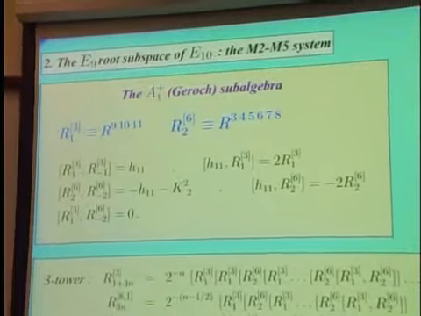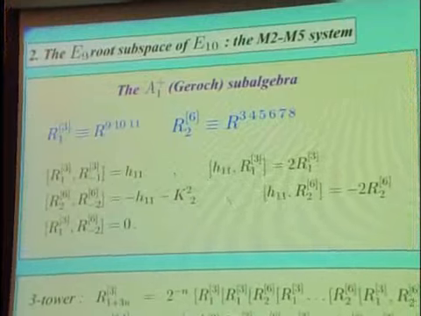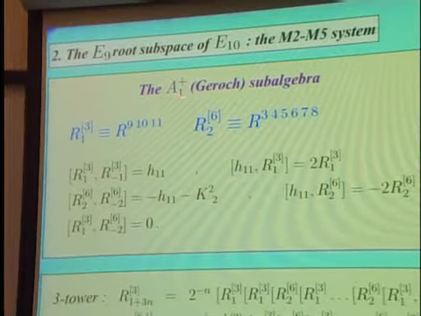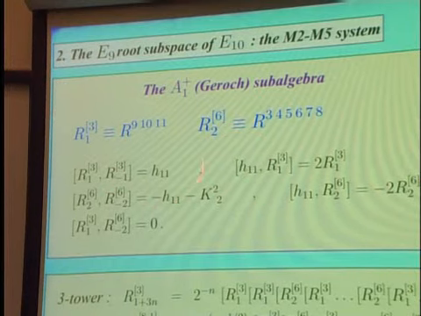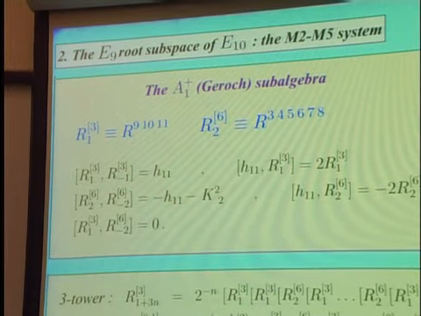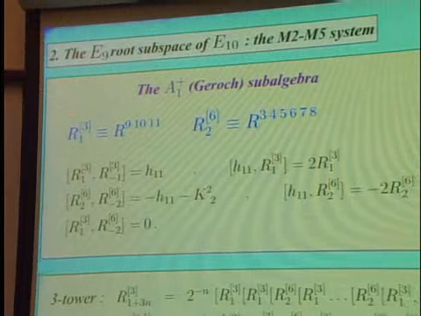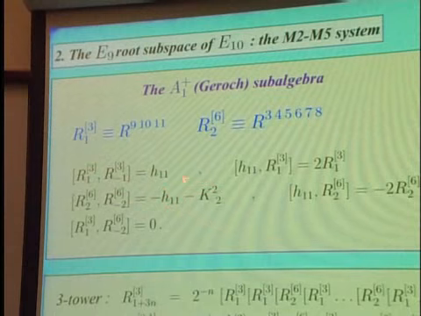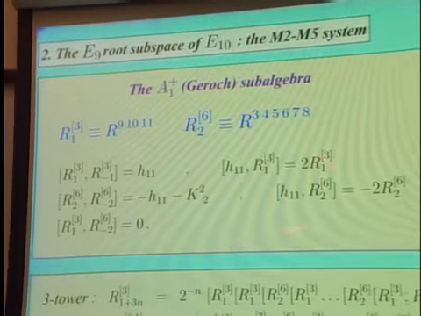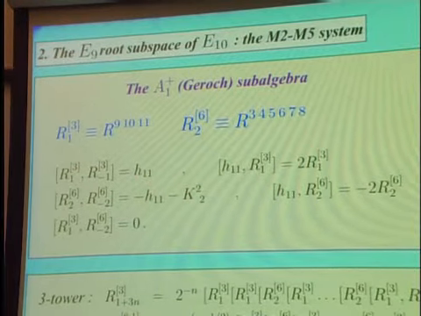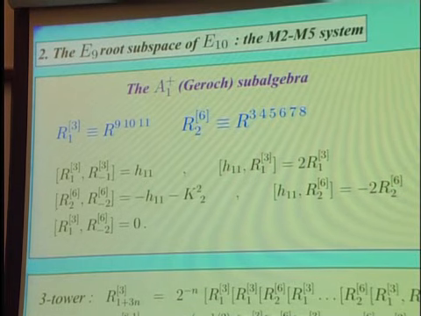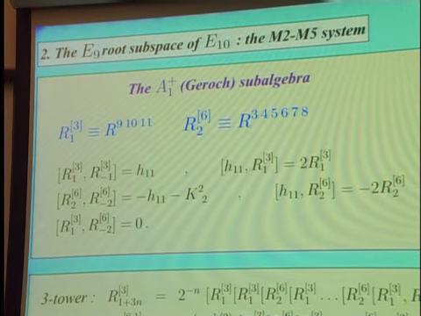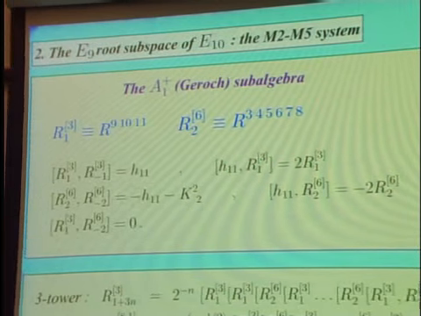This group is very easy to identify as the affine group of SL2 with central charge, and while we are sticking, as we shall see, to the simple roots of E9, to the real roots of E9, this term here, which plays the role of a central charge, is in E10. And so the fact that we are in a regular embedding of E9 in E10 and E11 is used in a deep way.